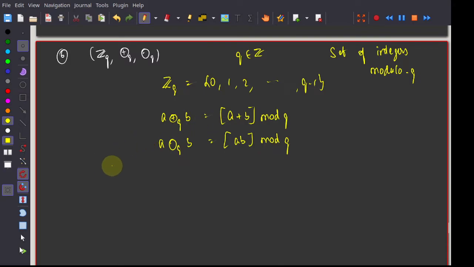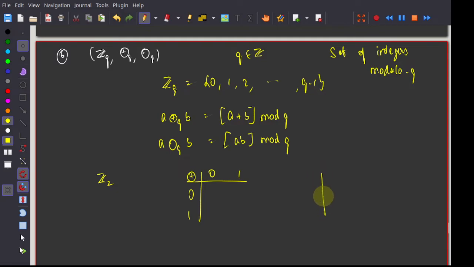So just as an example, let us take Z_2. Let us try to find out the table of addition and multiplication. So can you fill this table?